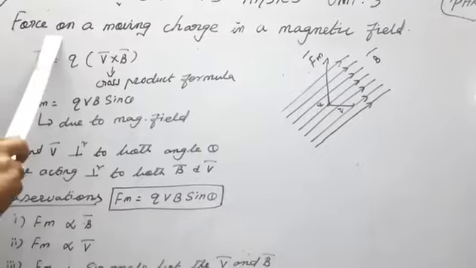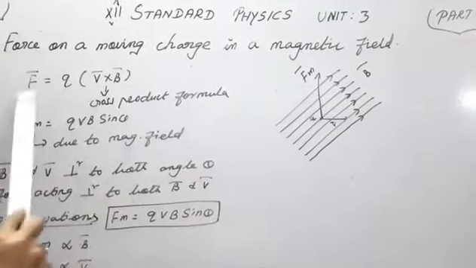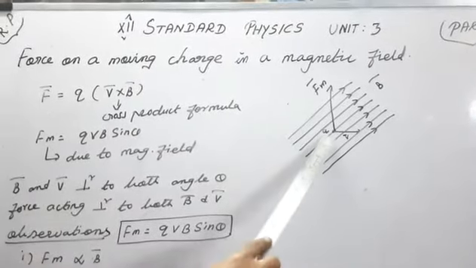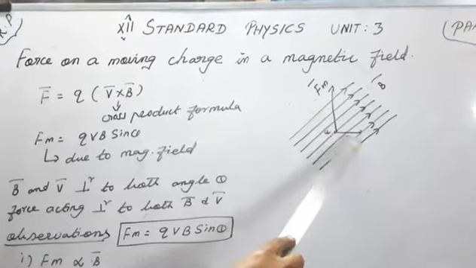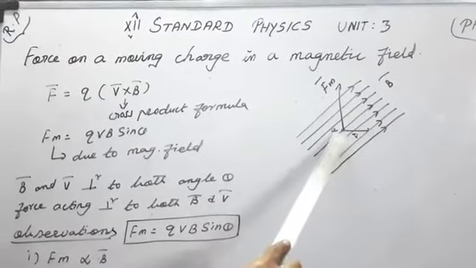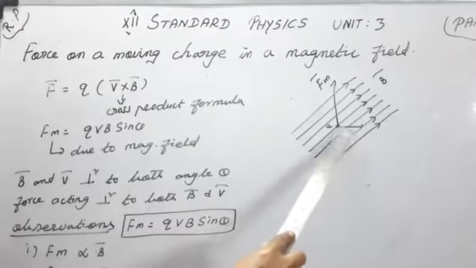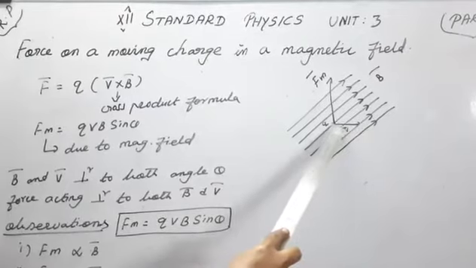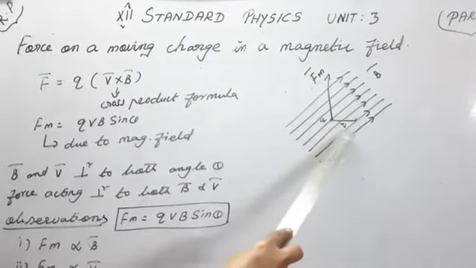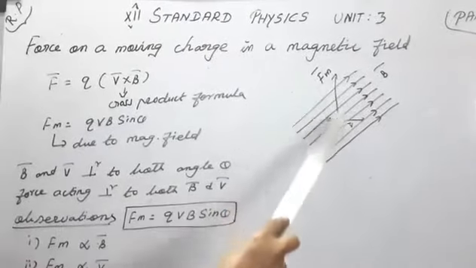The next topic is force on a moving charge in a magnetic field. Suppose this is a charge in a uniform magnetic field. The charge moves with velocity v in this direction, and this is the magnetic field. Therefore, a force is experienced.